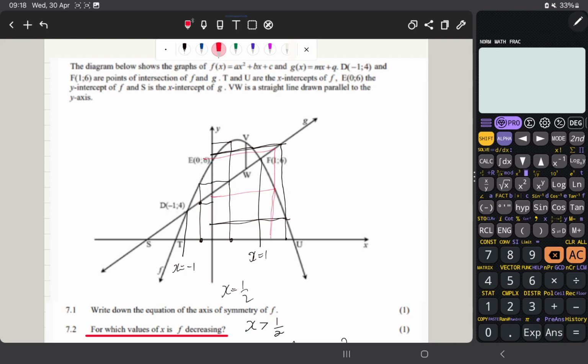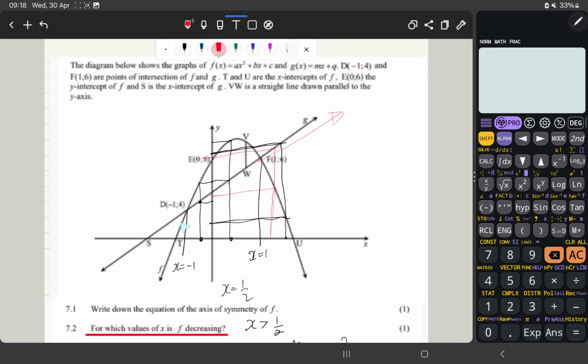You see that for any x greater than 1, my y values are greater for g of x, and the same is true below -1. Let's test it out. This is my y value for f, and for g this is my y value, so I'm having higher y values.